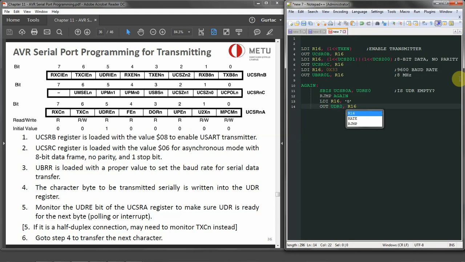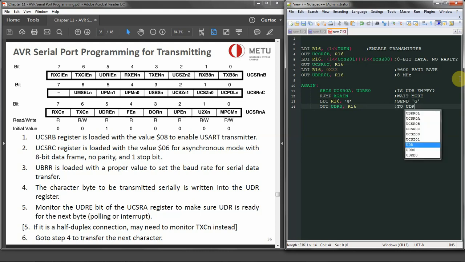So let's write a couple of comments. Wait more, and we can say send character G to UDR, and then RJMP again.